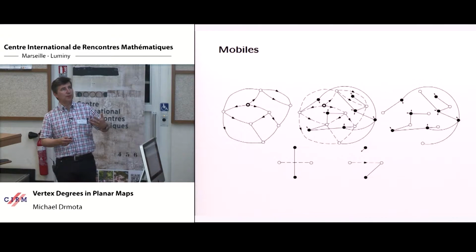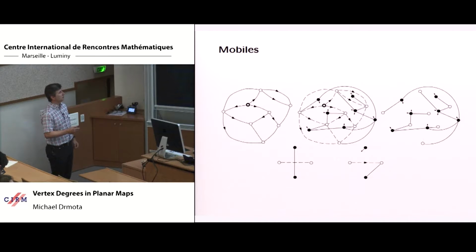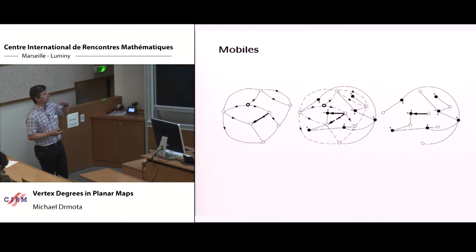At this moment, you can delete all these dashed edges, which are precisely the edges of the original map, and you can also remove the pointed vertex, and what remains is a mobile. And this is a bijection. This is also a bijection if I take a rooted version, because the root edge can be easily related to a root of the corresponding mobile.